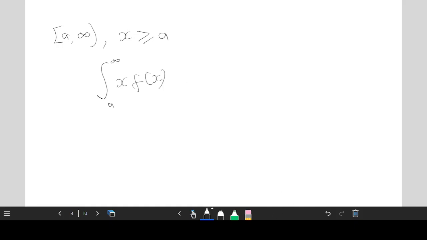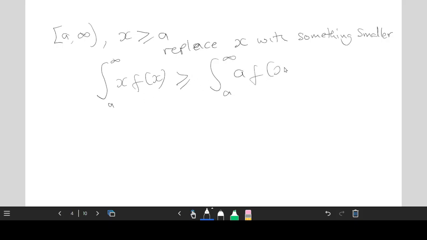If we replace the x with something smaller, then this expression will be greater or equal to the integral from a to infinity, where now the x is replaced with a, which gives us a f of x.